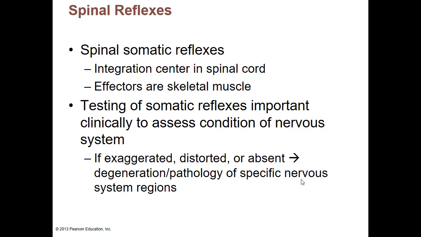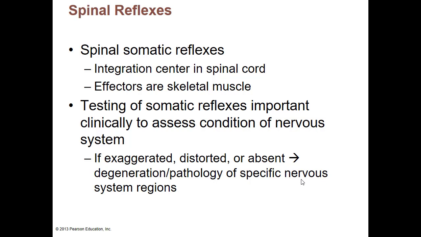Now, our spinal reflexes, even the somatic ones that control your skeletal muscle, all happen in the spinal cord. But we can test how well your nervous system is working by testing your reflexes. We know what's going to happen to certain parts of your body if we touch or manipulate them in different ways.